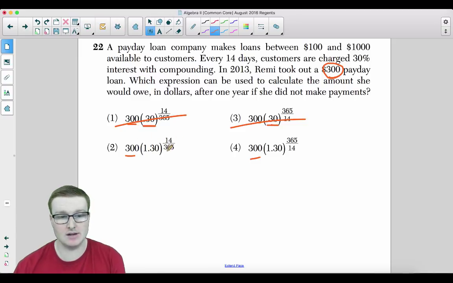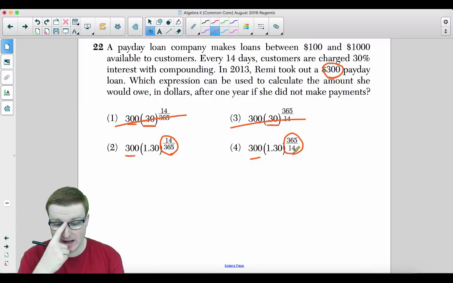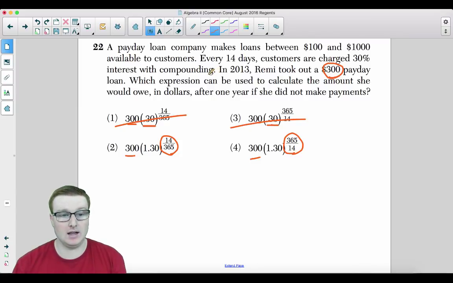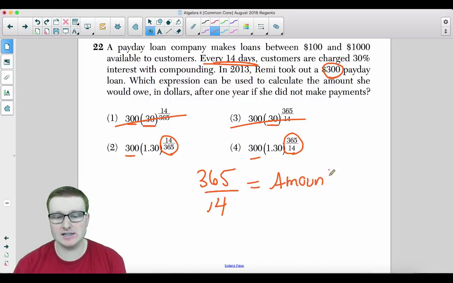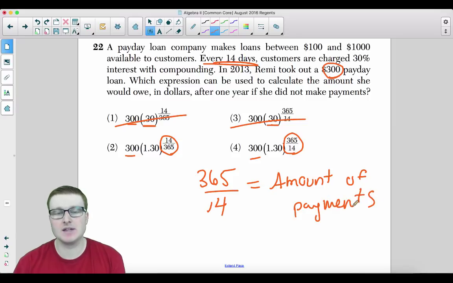So now it's all down to the exponents. Is it 14 over 365 or 365 over 14? Well, every 14 days out of the year, so it's actually 365 days in a year divided by 14. This is equal to the amount of payments she needs to make. So we take the amount of days in a year divided by the 14 days per payment.